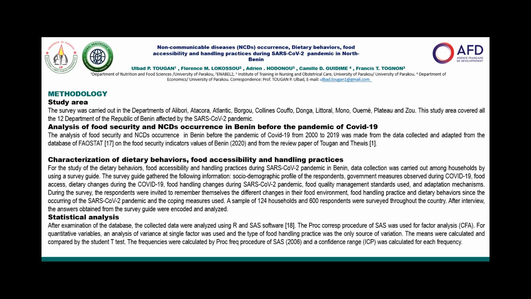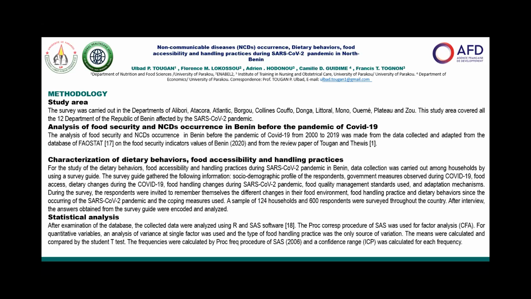The PROC CORRESP procedure of SAS was used to do the factorial analysis, and for quantitative variables, an analysis of variance at single factor was used, and the type of food handling practice was the only source of variation. The means were calculated and compared by the Student test. The frequencies were calculated by the PROC FREQ procedure of the statistical analysis system, and a confidence range was calculated for each frequency.